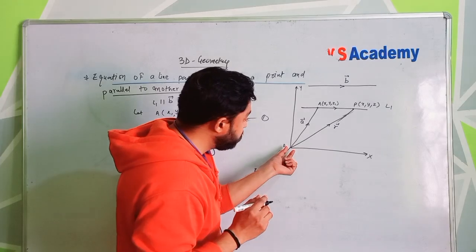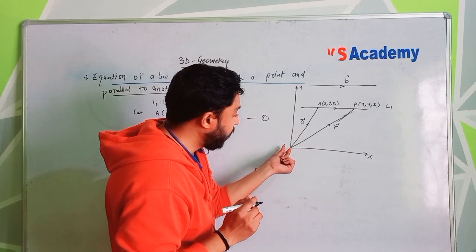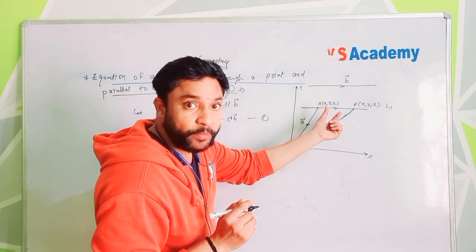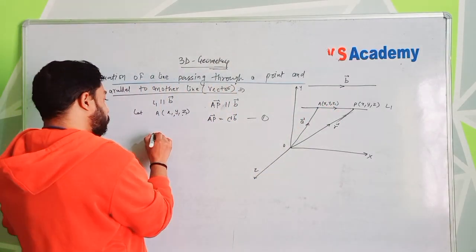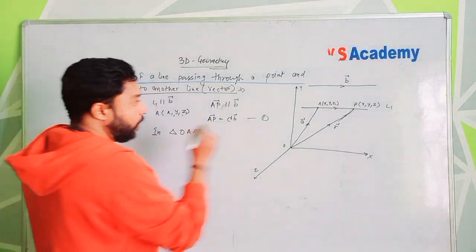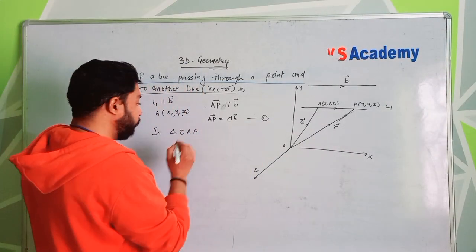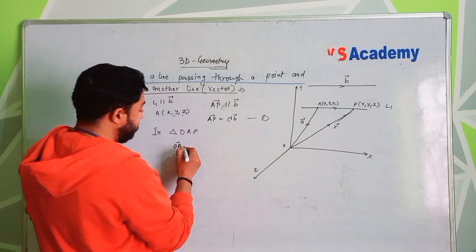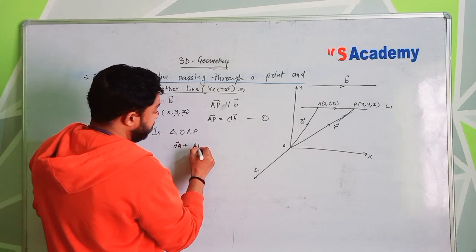Now you can see here that we have a triangle OAP, and we can use the triangle property of vectors. In triangle OAP, according to the triangle rule, we can write vector OA plus vector AP.